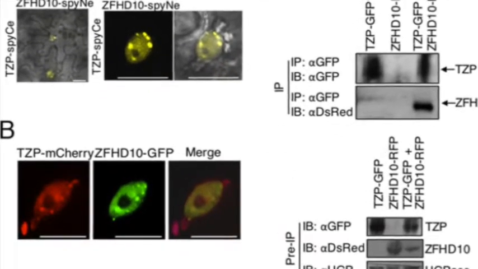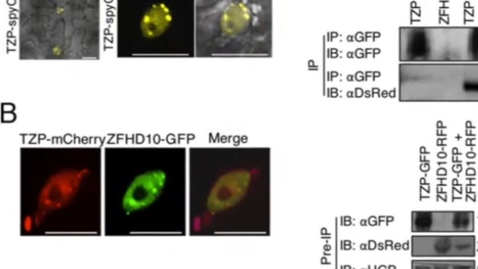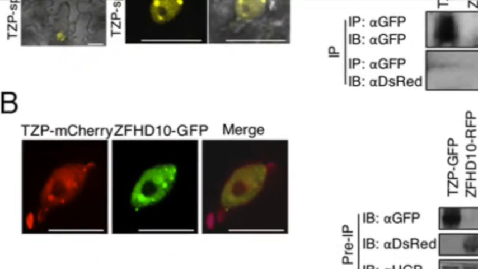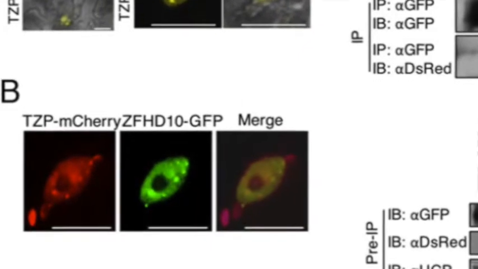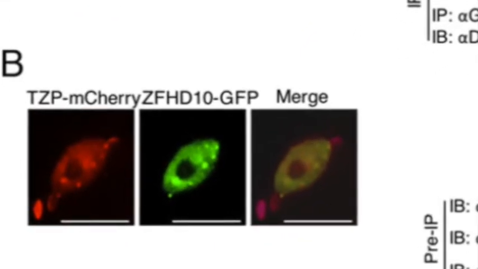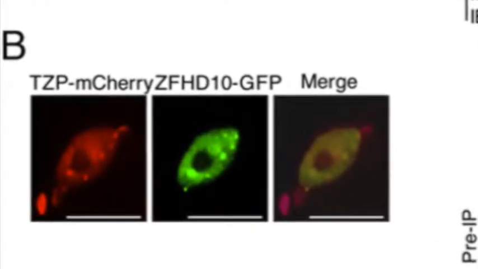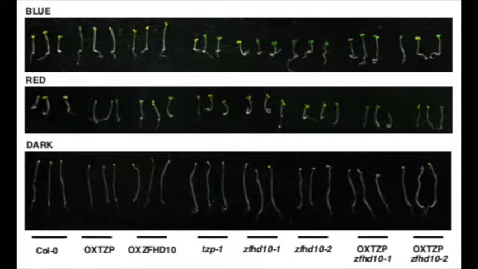Of course, we wanted to verify this interaction in a different system, and we could see that these two proteins interact in plants as well, and they co-localize, of course, in the nucleus. And the next step was to try to see what's the physiological significance. We knew that TZP promotes hypocotyl elongation in response to blue light, and we wanted to see what's the phenotype of the mutants.